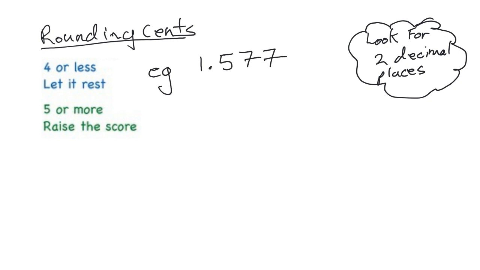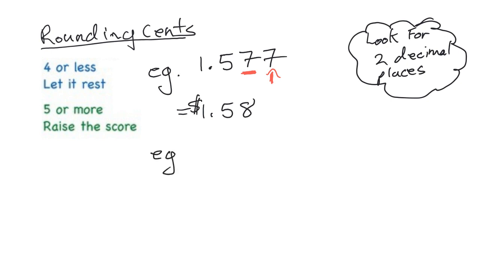So we have to look 2 decimal places. So we count 2 over. So there's our number, and there is the number we have to consider. So now, is this $1.57 or is this $1.58? That last 7 on the end tells us it's going to be $1.58. And we're done.